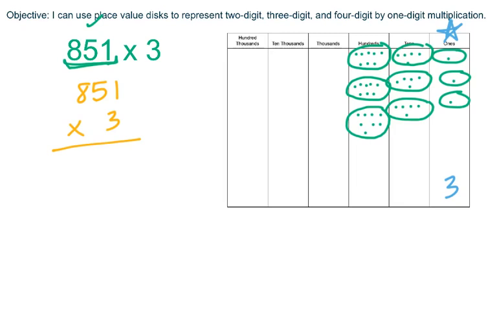I have 5, 10, 15 in the tens. Well, this is too big. I can take a bundle of 10 out of there. So I'm going to bundle up 10 and send it over. And that ends up leaving me with 5 discs in the tens place. And I have 1 in the hundreds.